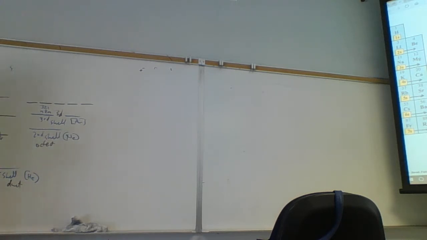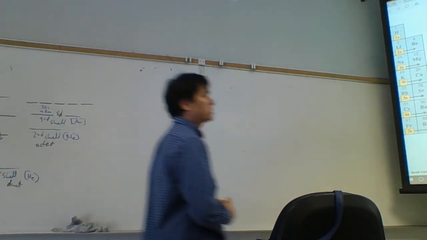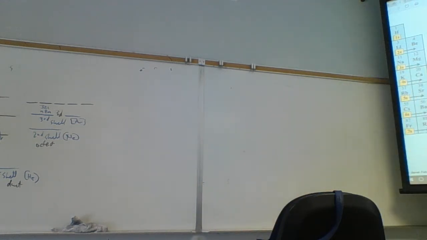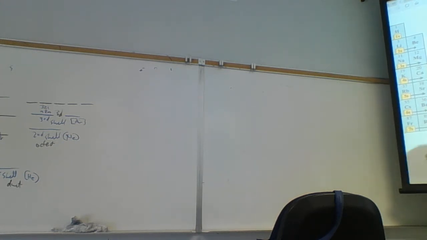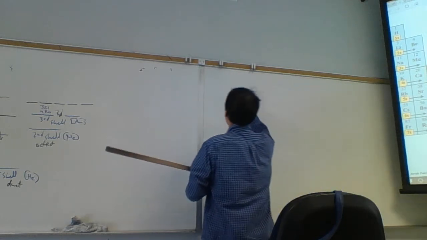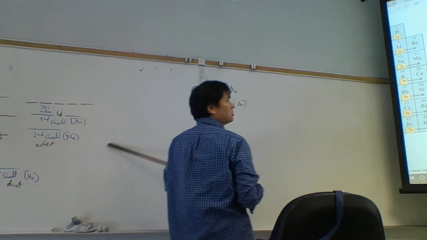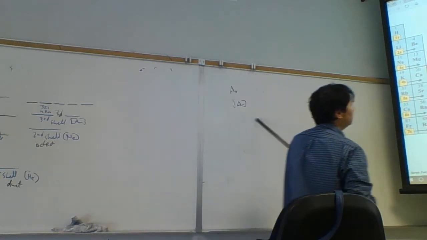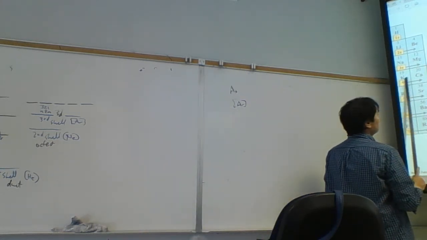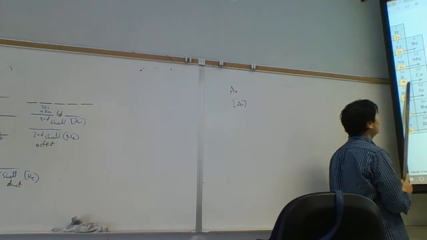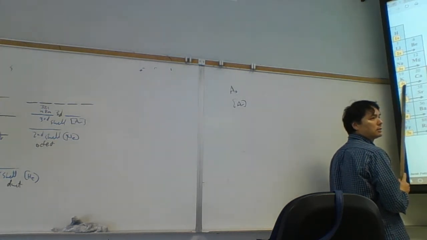And so for something like arsenic, the first shell, the second shell, the third shell are completely filled. So we're going to start from argon here. Argon with 18 electrons. So arsenic, we're starting off with argon that has 18 electrons. Where does the 19th electron go? The 19th electron goes in the fourth shell, starting with 4s.